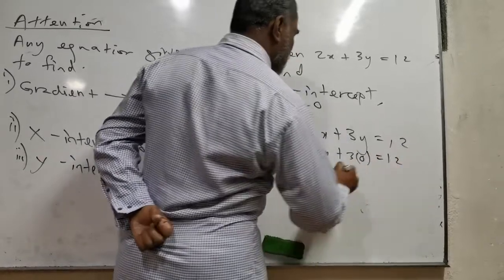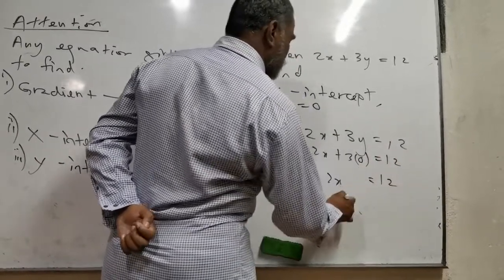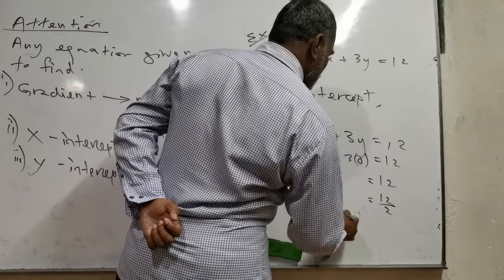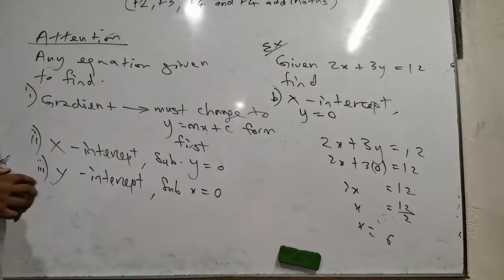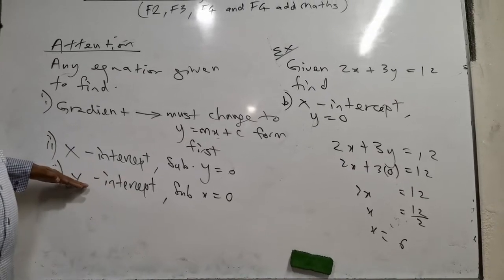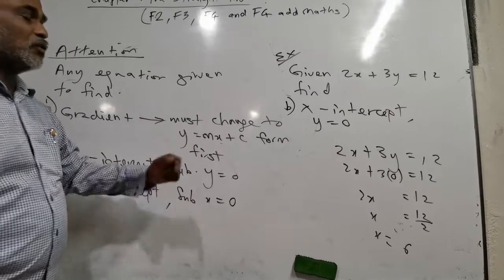From there we get 2x equals 12, x equals 12 divided by 2, x equals 6. This is the way to find the x-intercept. Same thing for y: for the y-intercept, substitute x equals 0 and you get the answer.